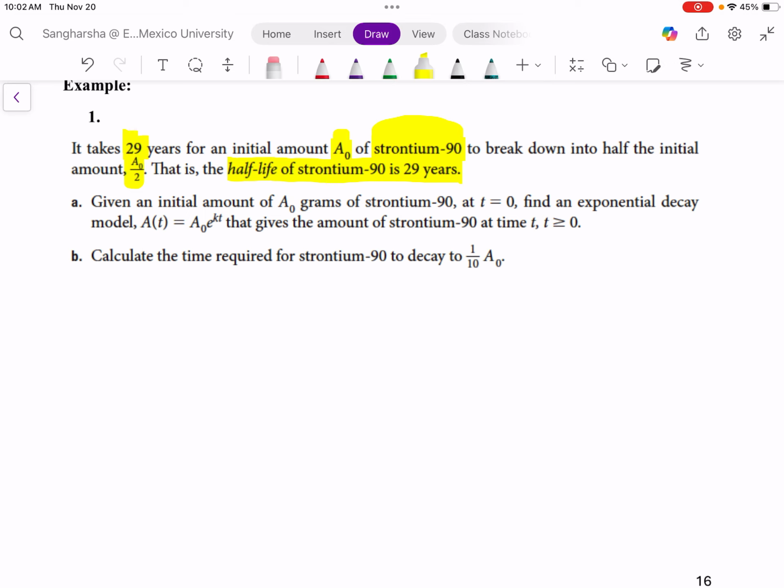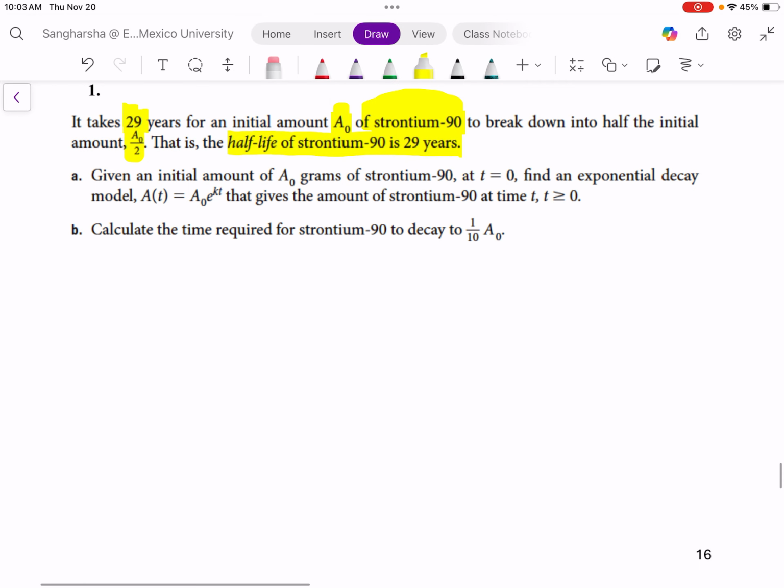So if you have 50 milligrams of strontium 90, then after 29 years the strontium 90 will be half of 50, so there will be 25 milligrams. It means 29 years is the time required by strontium 90 to break into half of its original amount.